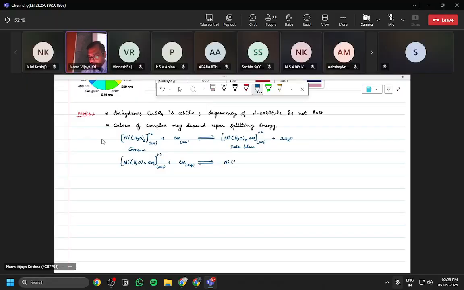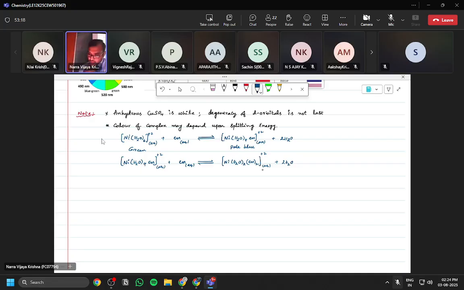Then it forms [Ni(H2O)2(en)2]2+. Now what happens to the splitting gap with 2 ethylenediamines? The splitting gap increases. Correct?